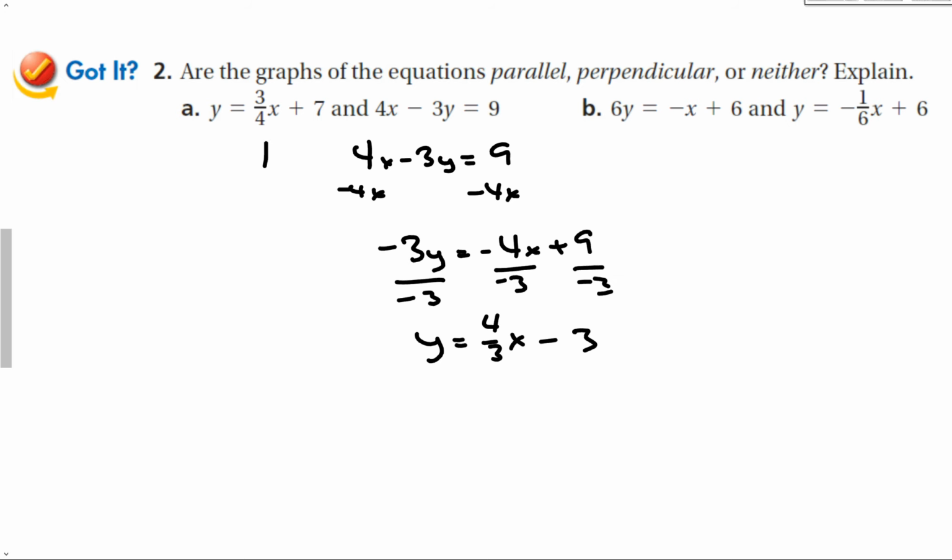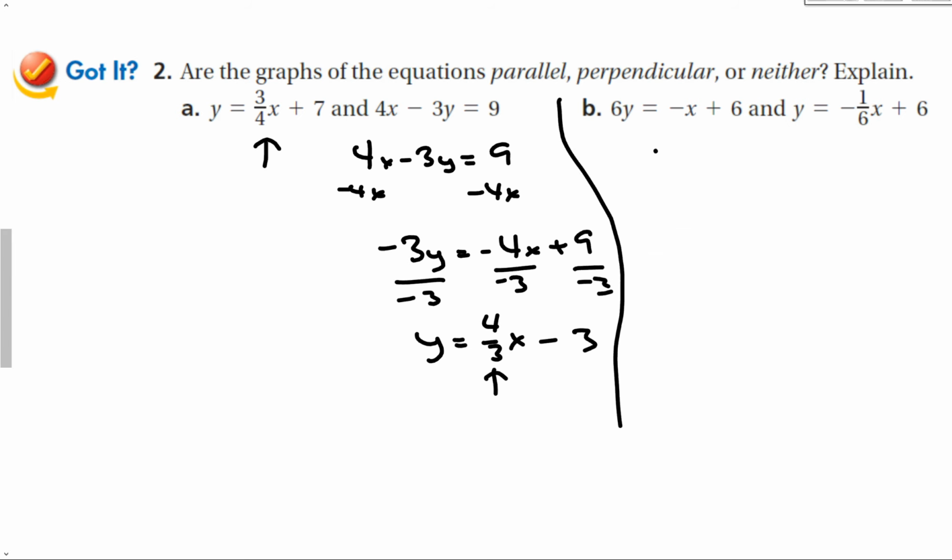Compare the two slopes, that one and that one. They are reciprocals of each other, but not opposite reciprocals of each other. So these two lines are neither. Okay, they do cross because they're not parallel. They just don't cross at a right angle.